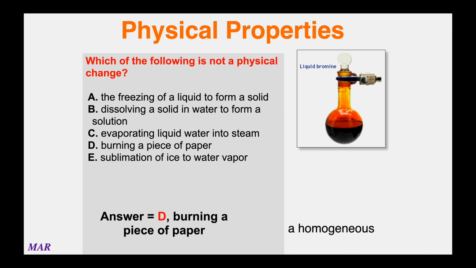D is definitely not a physical change, all right? We can't reverse it. The last one, if you take ice, solid water, and turn it to vapor, like gaseous water, yeah, you can reverse that one. But there's no way that you're going to take ash and turn it back to your original piece of paper. That's going to be, we're going to see here, a chemical change where you have actually transformations at the chemical level happening.